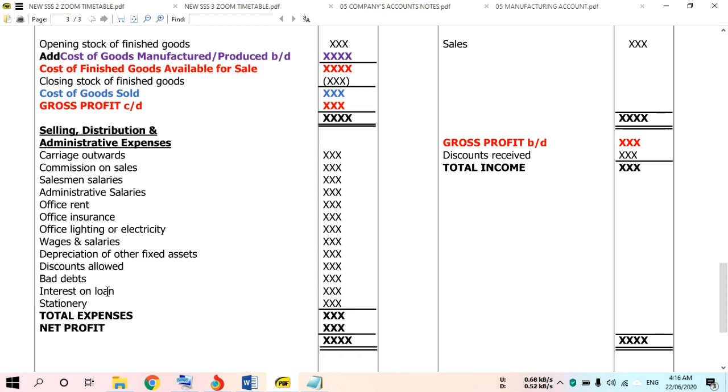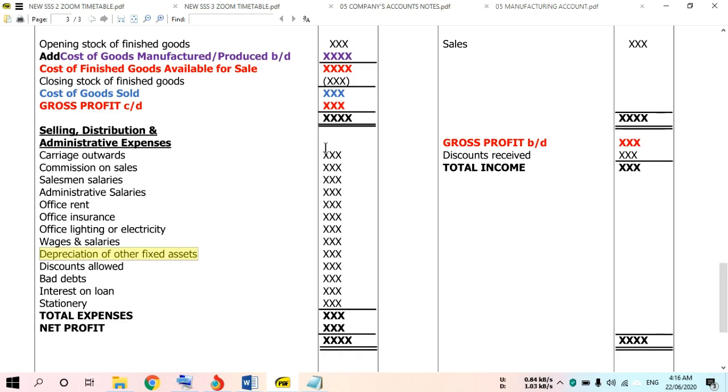As I said before, the depreciation of plant and machinery will appear in the manufacturing account under the factory overheads, while depreciation of other fixed assets will appear in the profit and loss account on the debit side.